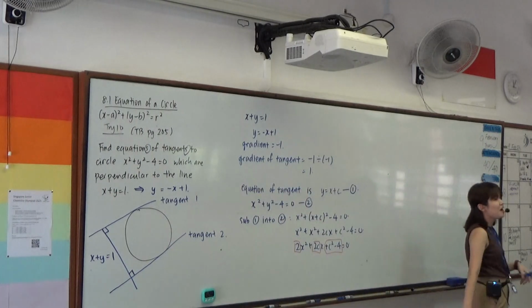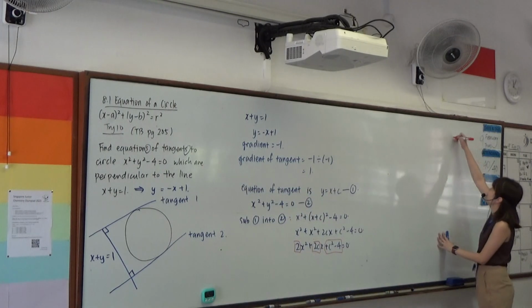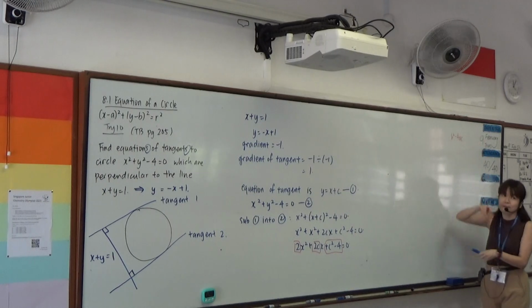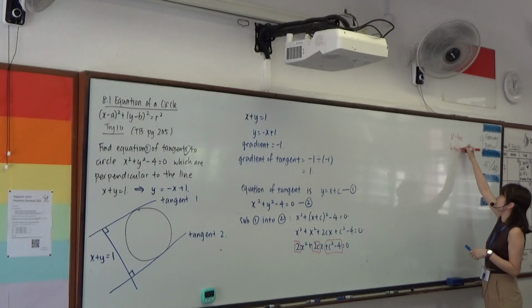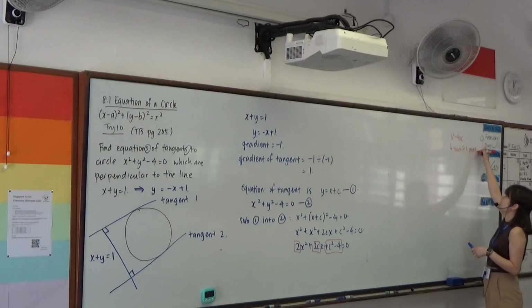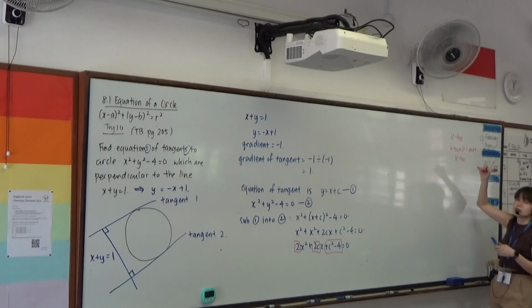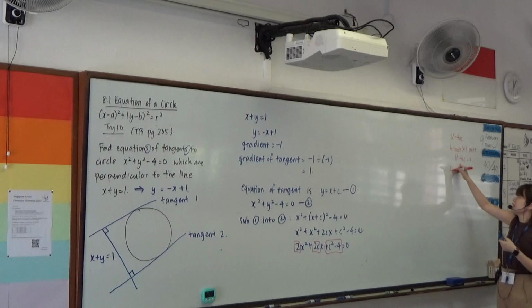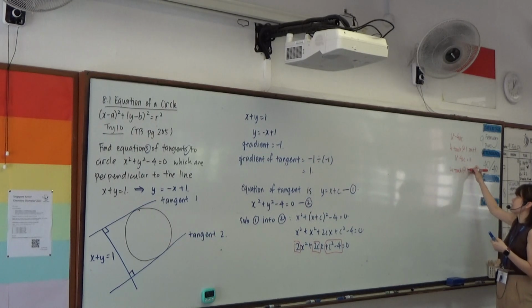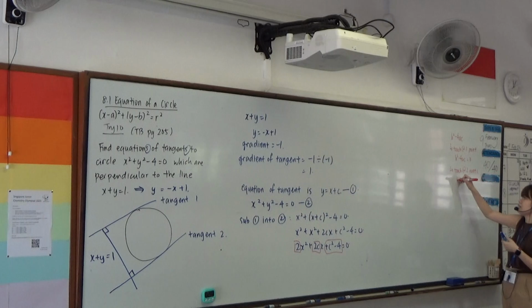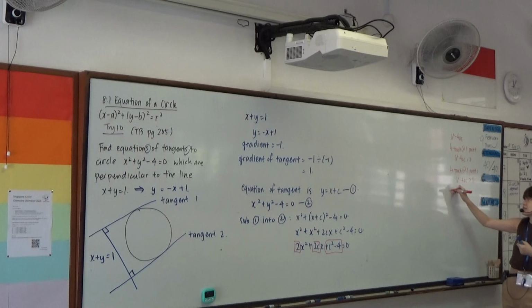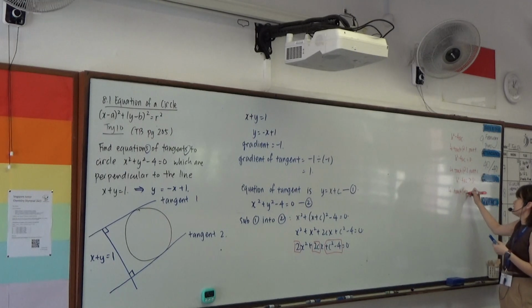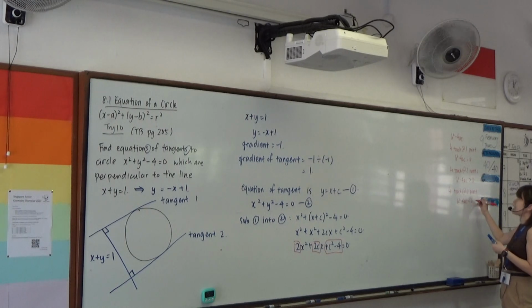If you recall from your discriminant chapter, b squared minus 4ac, touch at one point means that your discriminant equals to what? Equals 0. If more than one point, that means 2 points, it will be more than 0. Doesn't touch at all, will be less than 0. So just a quick recap.